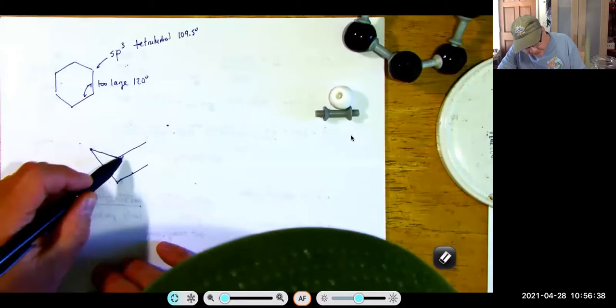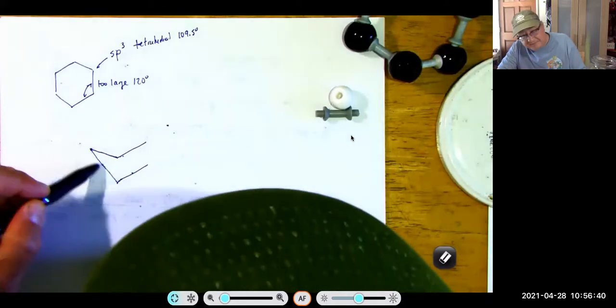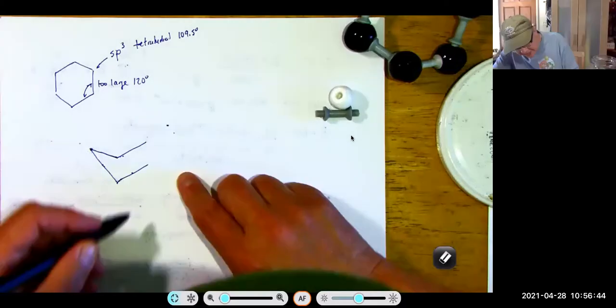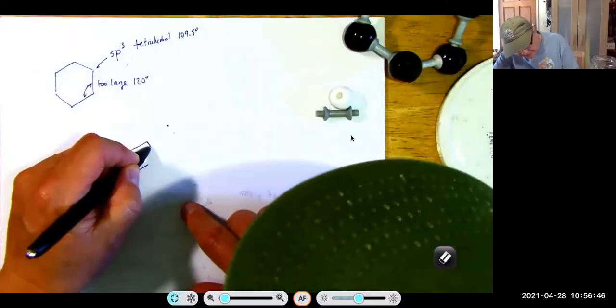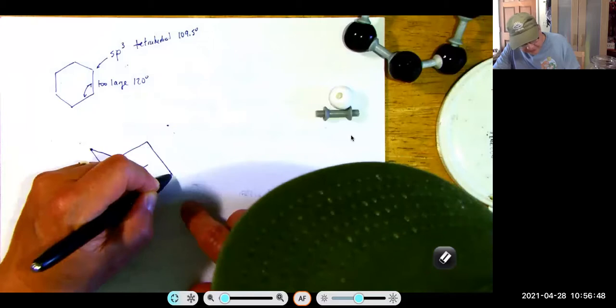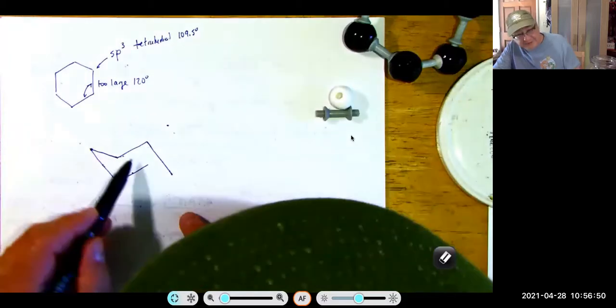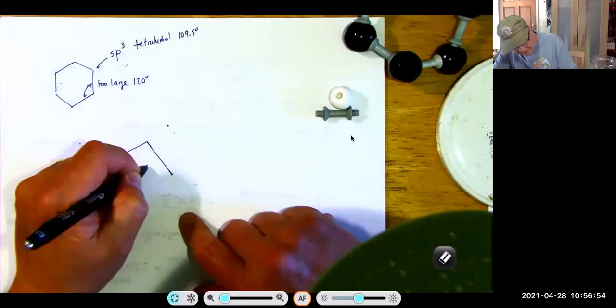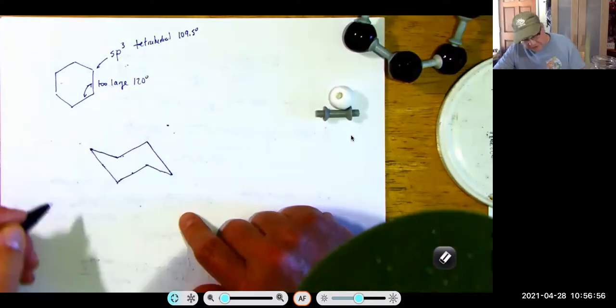Do you see the distance between here and here is about the same? So on this side, I'm going to draw a line that's at a 90-degree angle, and it's going to be twice as long as this distance. And then I'm going to connect these 2. So that's our chair.